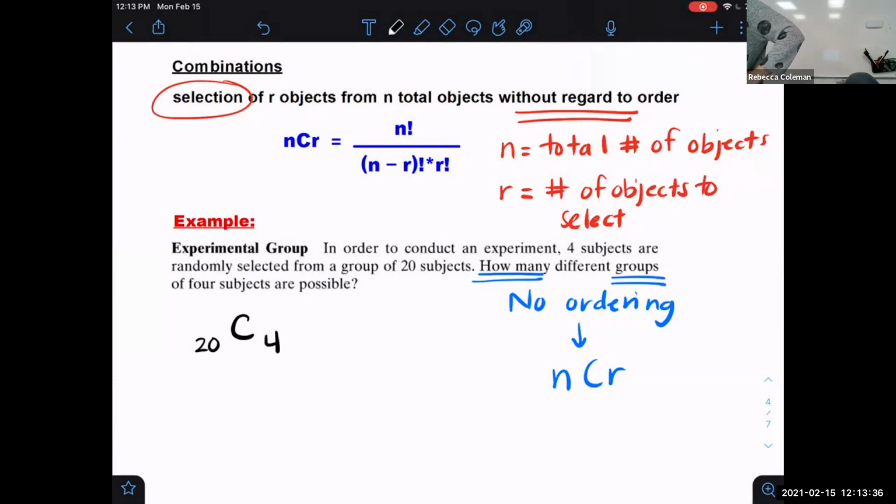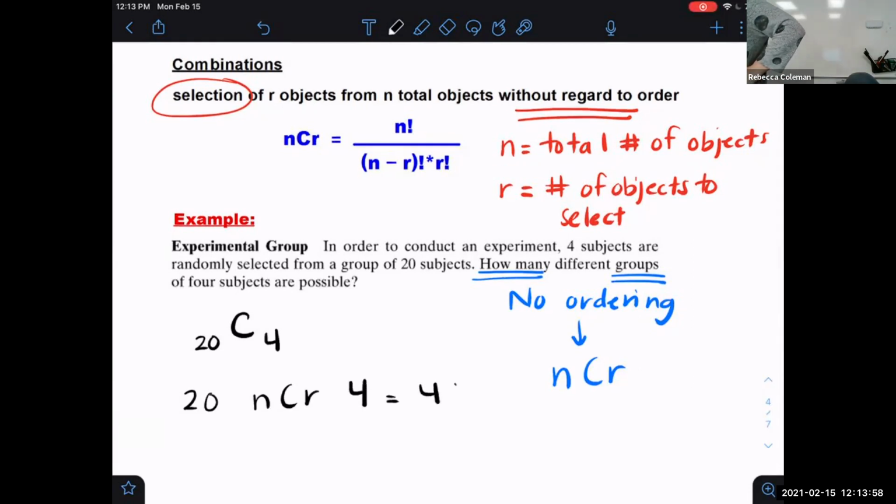Type in 20, find your NCR function, because there's no order here, and then type in the number of objects that you wish to select, which in this case is 4. Use your calculator, see if you can evaluate this correctly. You should get 4,845 different possible groups of 4 from 20 total.